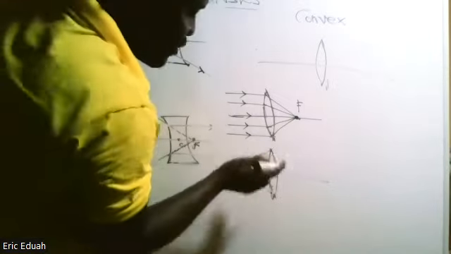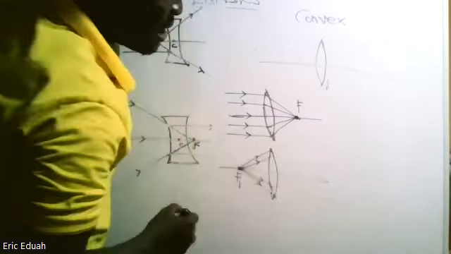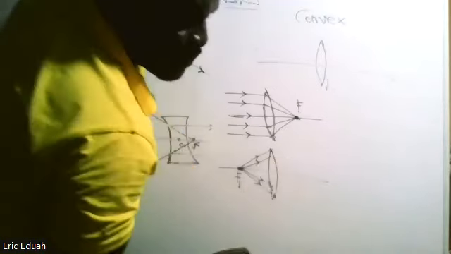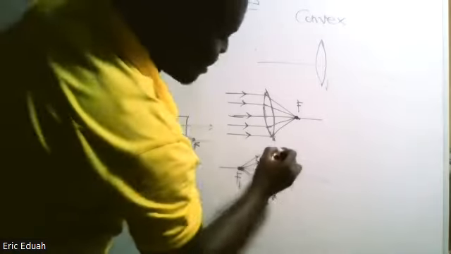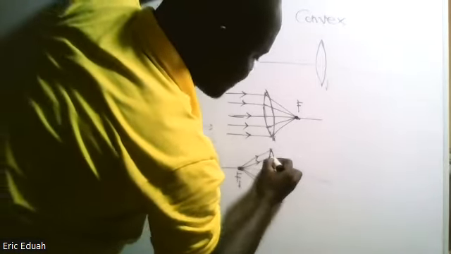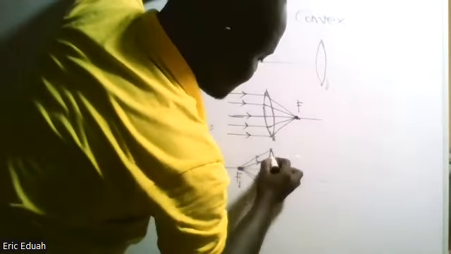The moment the rays hit the lens, they have to refract. But the refraction will be such that the rays will be parallel to the principal axis.